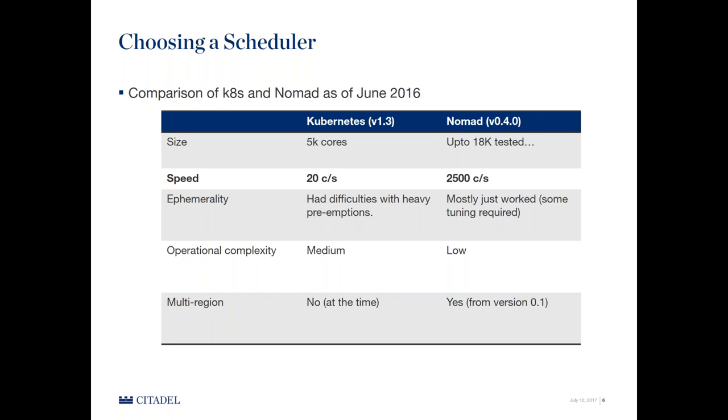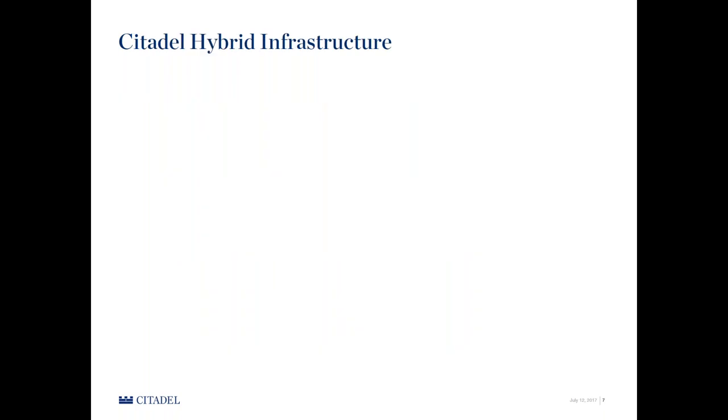The last thing, which was something Armin alluded to, was the multi-region capability. At the time, Kubernetes Federation was not available. Nomad's multi-region support has been out of the box since day one, and it's very much more in line with how you'll see we treat our global pool of compute.